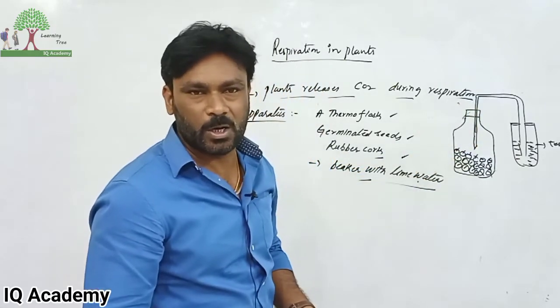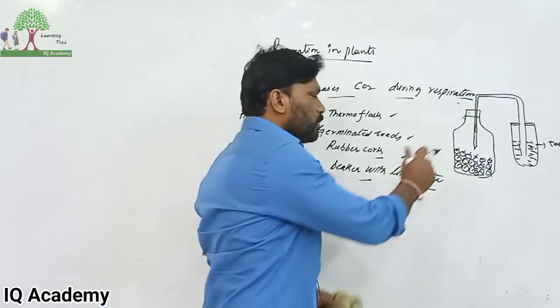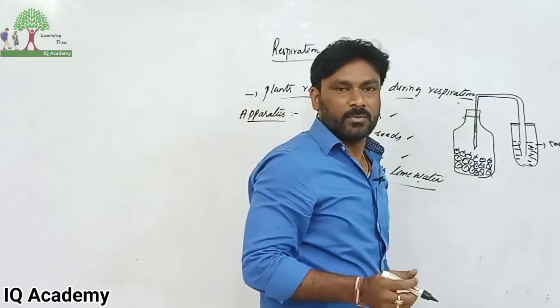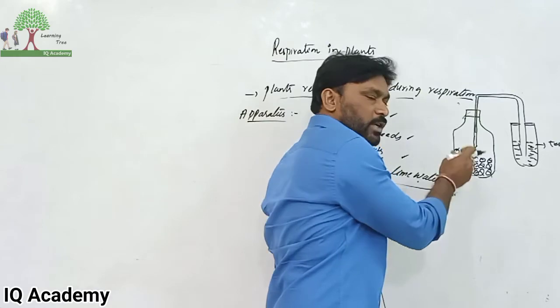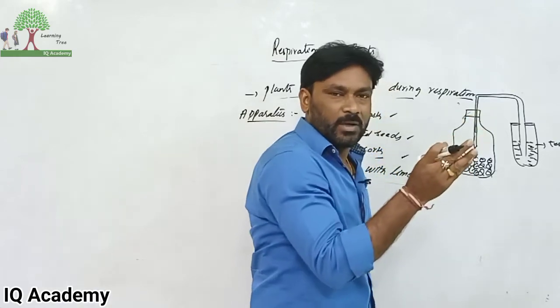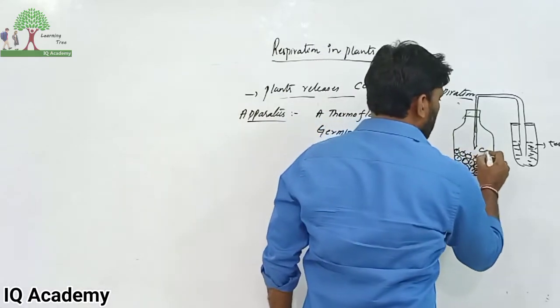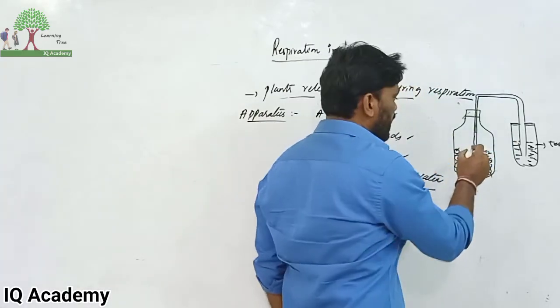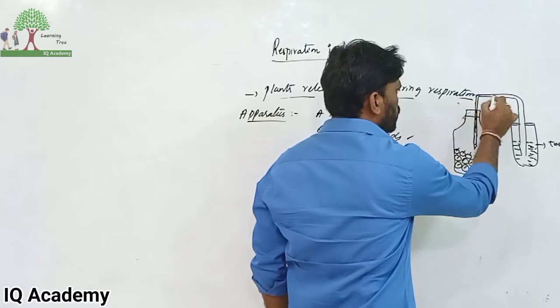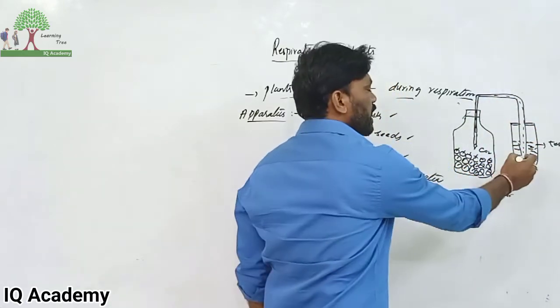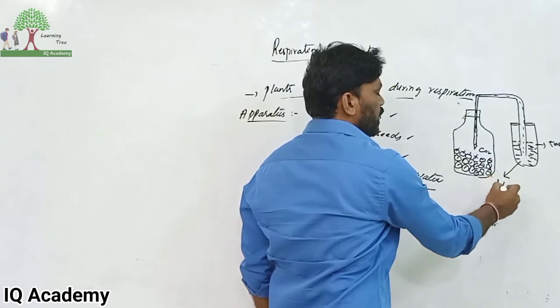If you keep this apparatus for 24 hours, these germinated seeds start respiring. When they respire, carbon dioxide is released, carried by the tube into the lime water, and the lime water turns milky white.